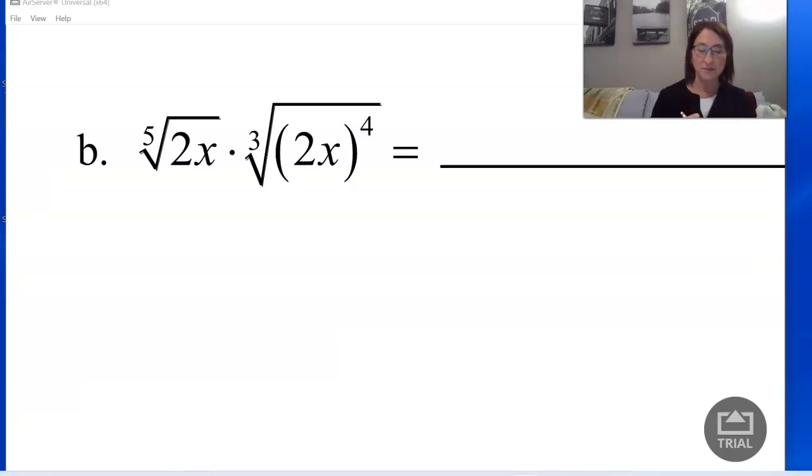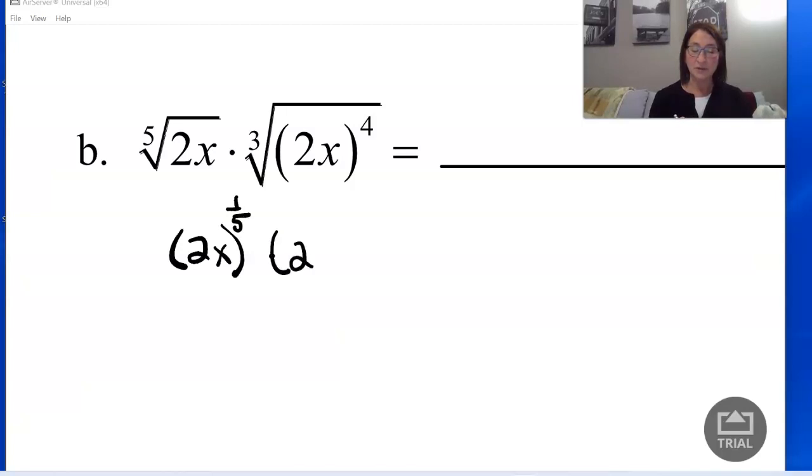And this is going to be my base of 2x raised to the 1/5 times 2x raised to the 4/3. Okay, so I need to have a common denominator. It's going to be 15. So I multiply the first fraction by 3/3, the second one by 5/5.